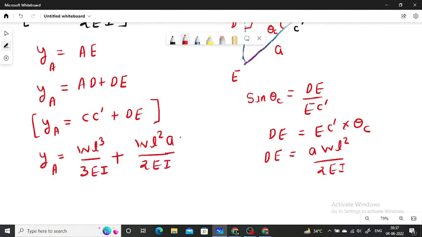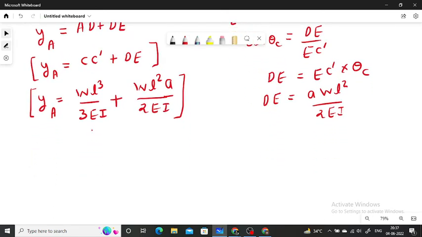This will be the deflection at the free end A. And the slope at the point A will be equal to the slope at the point C. It means the slope at the point A is equal to WL square upon 2 EI.